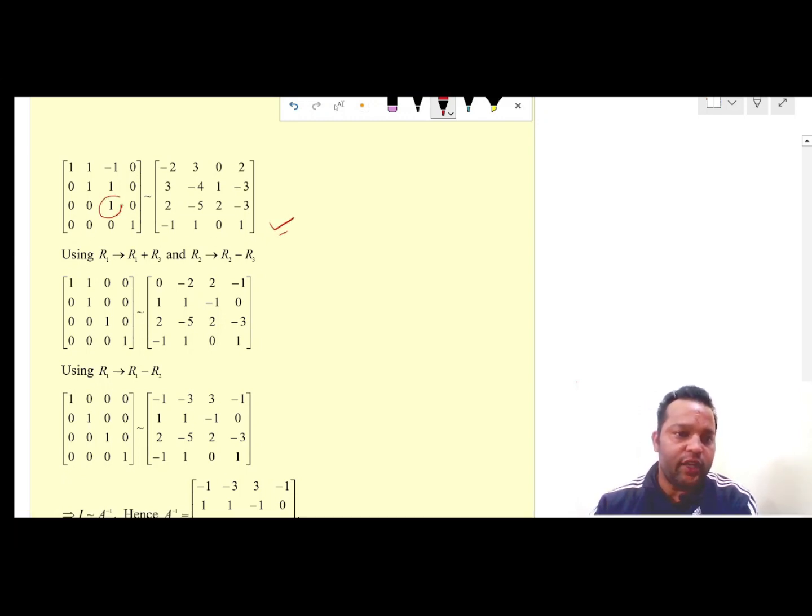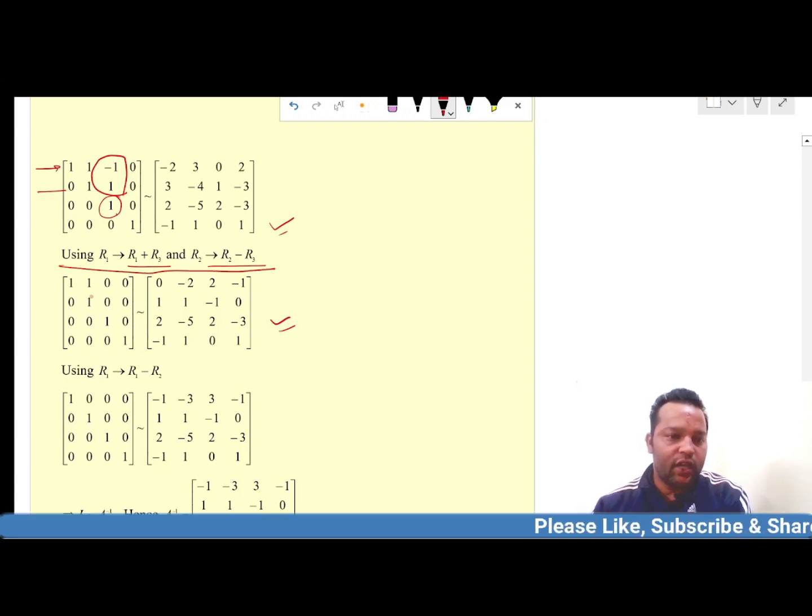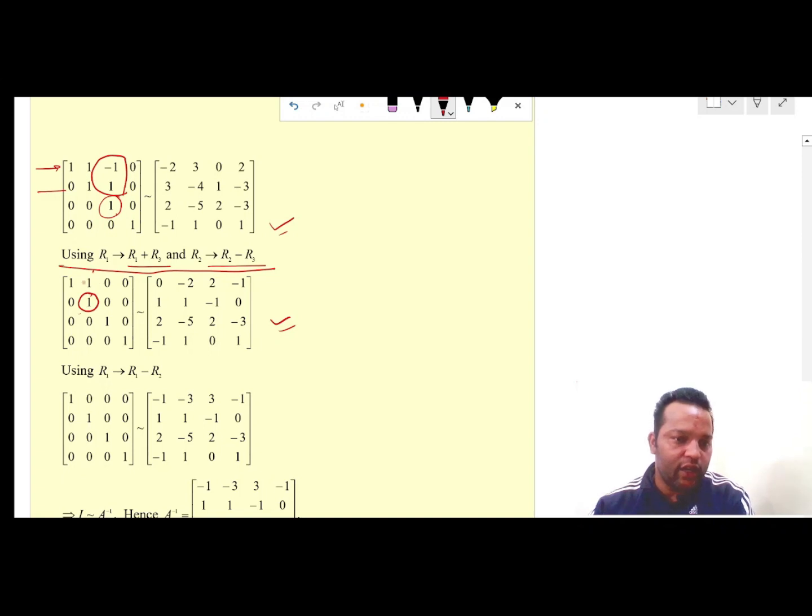Now, with the help of this entry, we have to convert these two entries into 0. The corresponding operations can be taken as R1 is replaced by R1 plus R3, and R2 is replaced by R2 minus R3. This form will be generated after utilizing these two operations. In the next step, using this pivot entry, this diagonal entry, we have to reduce this 1 into 0.